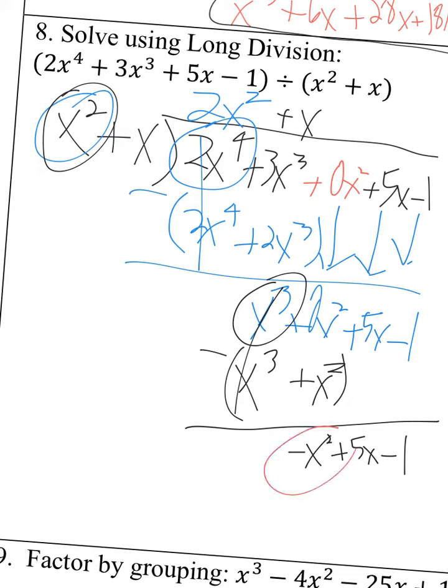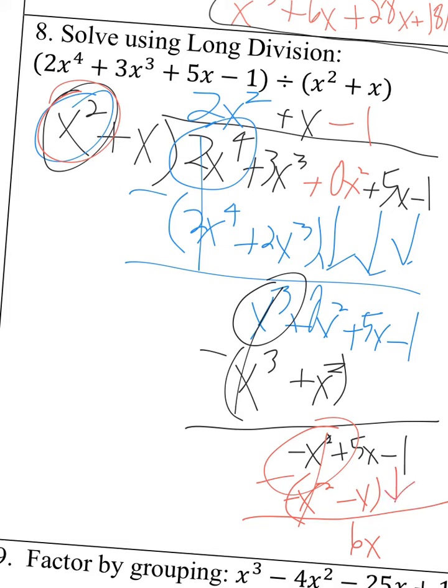So I'm going to do negative x squared divided by x squared. That's negative 1. Excuse me, by the way. And that'll give me negative x squared minus x. First terms cancel. 5 minus negative x is 5 plus x, so that's 6x. And then negative 1 minus nothing is still negative 1. So this is my remainder.